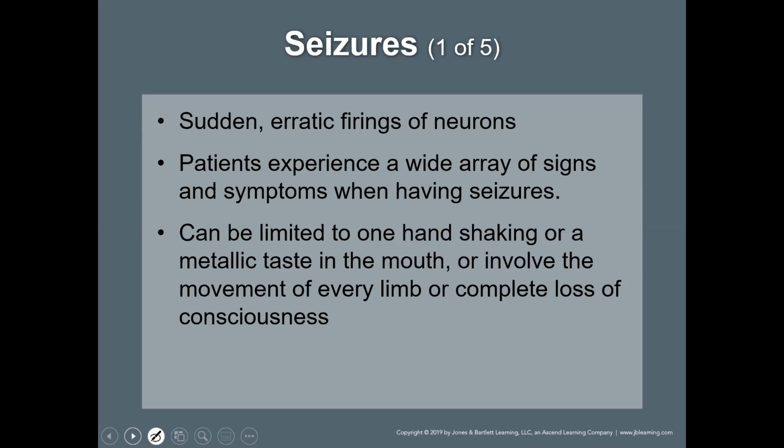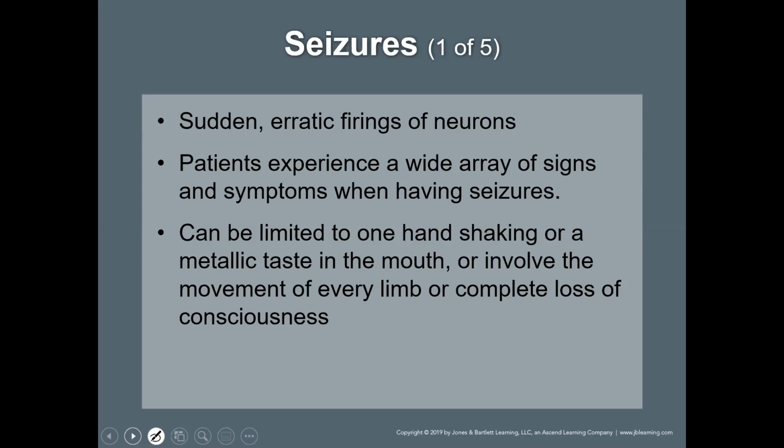Now let's talk about seizures for a minute and what seizures are. Seizures are basically a bunch of neurons firing like a storm happening, very sudden. They usually have signs and symptoms that are sometimes easy to figure out. Sometimes it's harder to figure out that they're having a seizure.